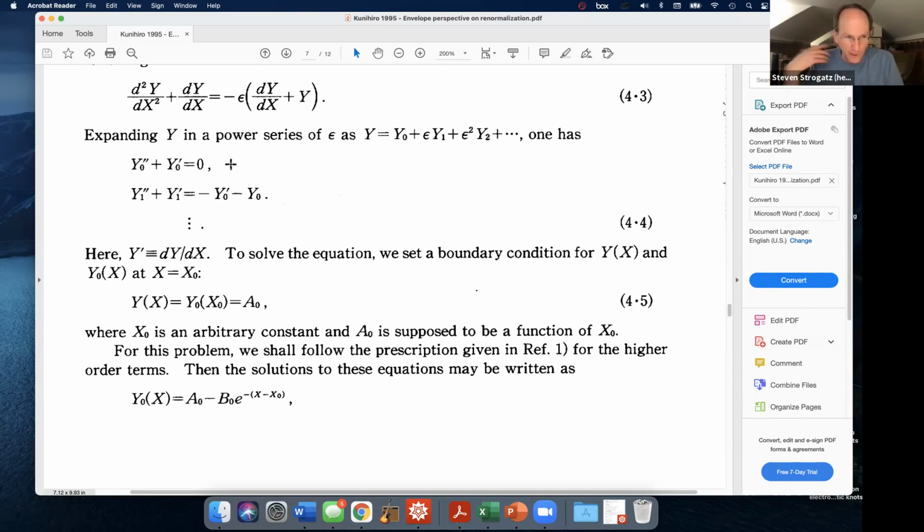And what he's written here has that form. It's a constant a0, another constant, which rather than just calling it b0, think of it as b0 times e to the positive x0. That can all be lumped into the prefactor of the e to the minus x term.